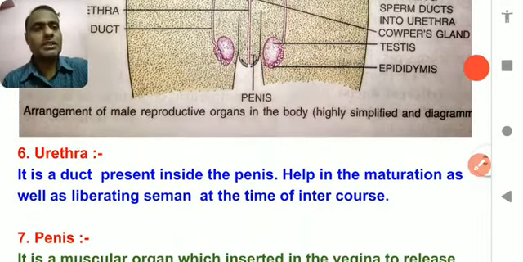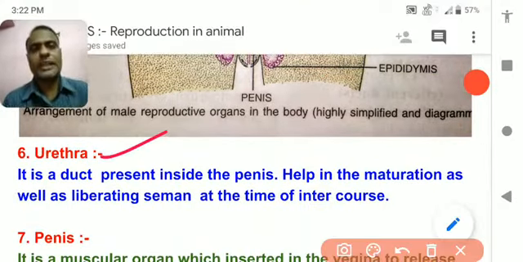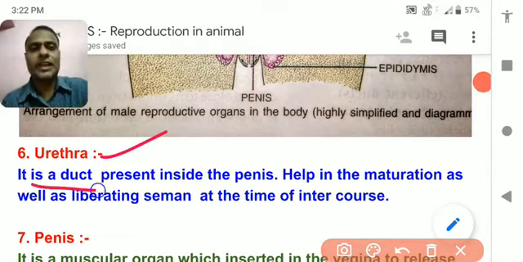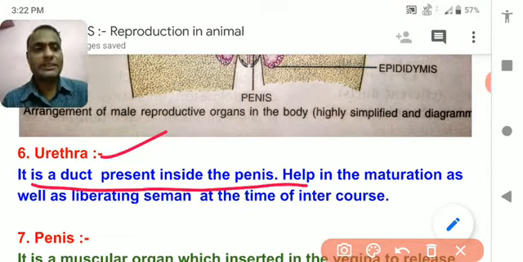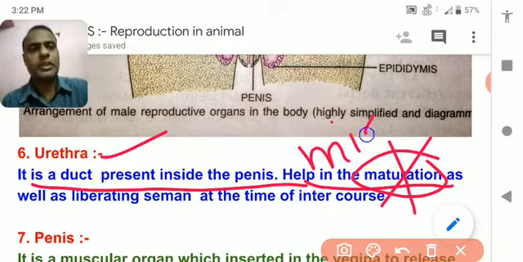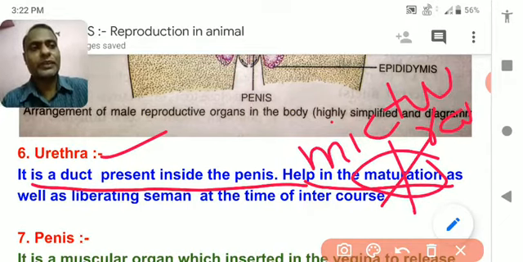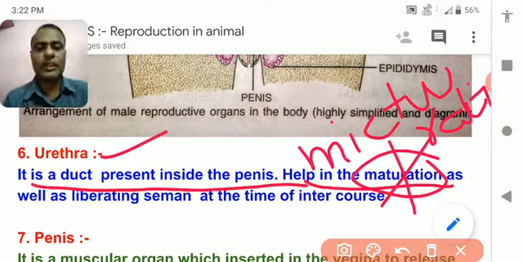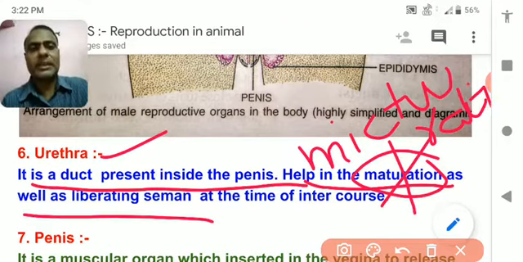Now comes the sixth topic, that is the urethra. It is a duct present inside the penis. It helps in micturition, spelling mistake over here, micturition. Micturition means passing urine. I have already explained this term, no? Micturition of urine, and also liberating semen.